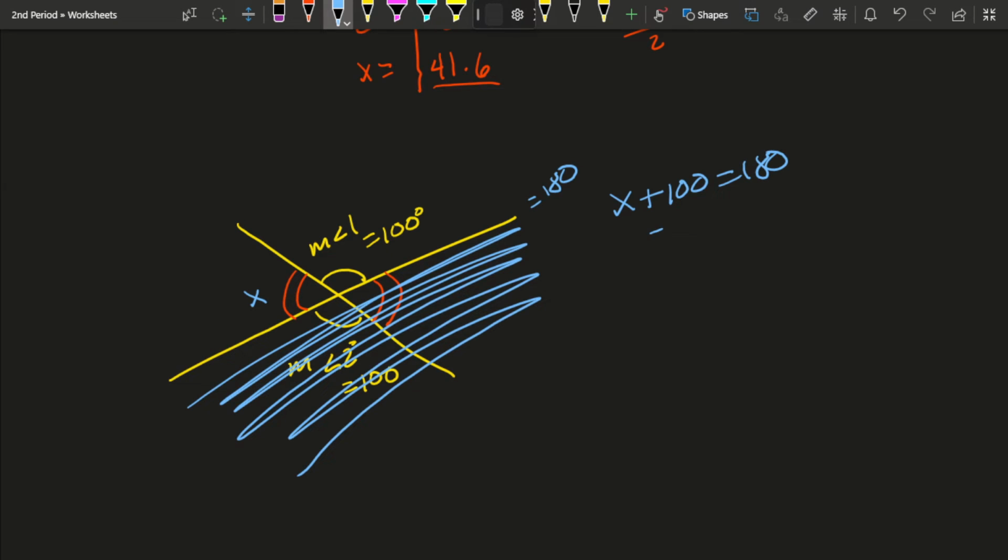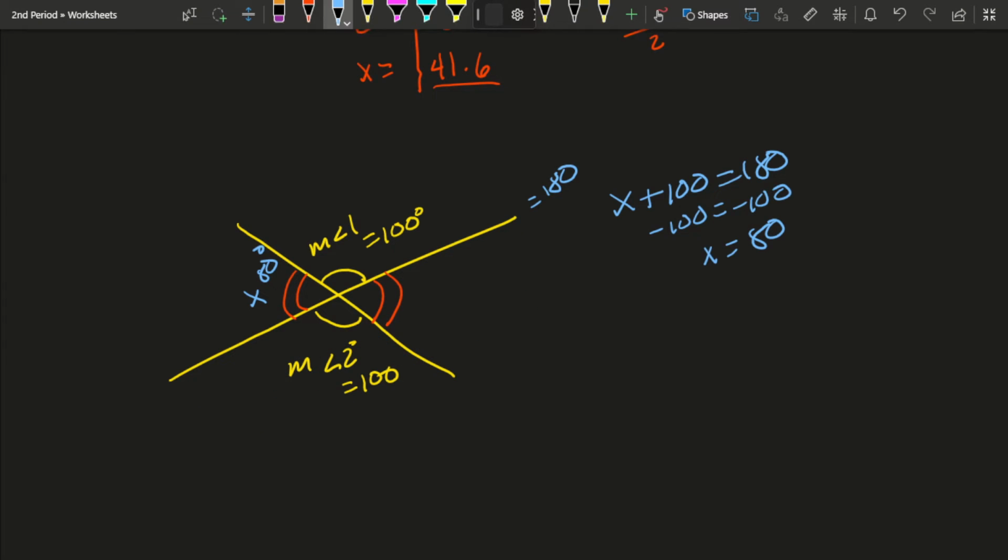So for x, subtract 100, so x equals 80 degrees. So that means that this is 80 degrees. And if that is 80 degrees, let's call this angle 3. That means that this one, angle 4, is also 80 degrees.